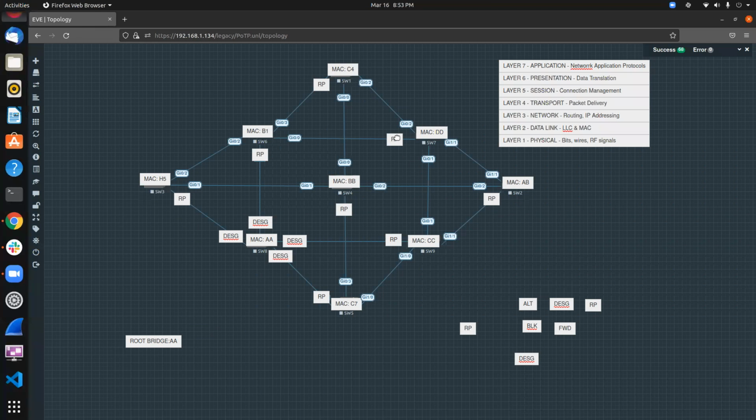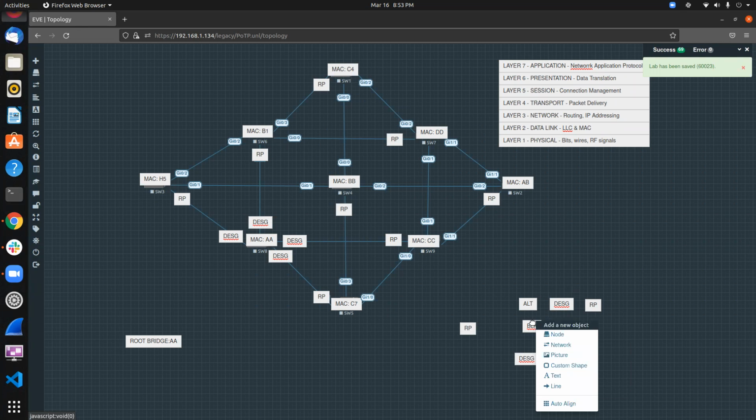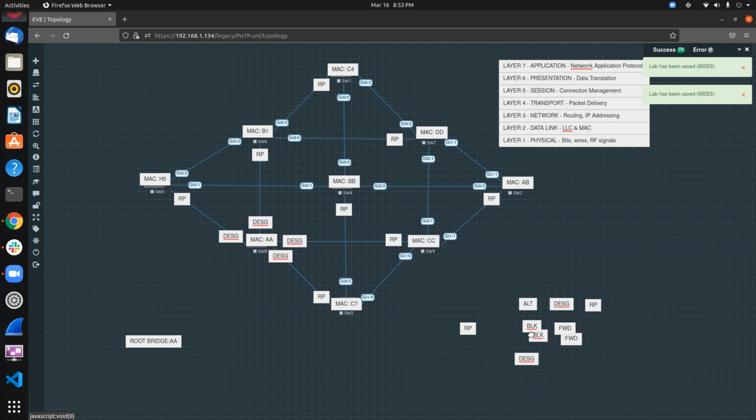All right, so we have the port roles. What are the port states? We're going to go with root ports. So what are the root ports doing? Well, one's going to block, and one's going to forward.